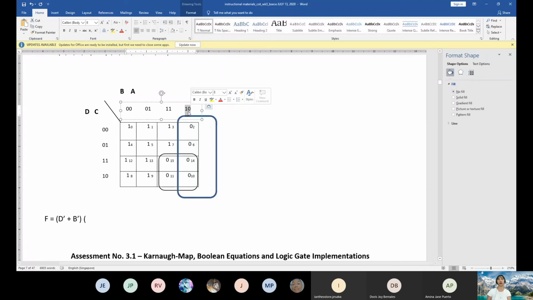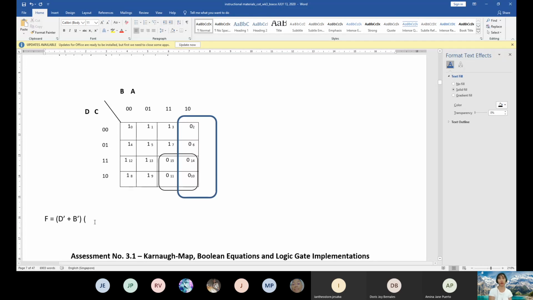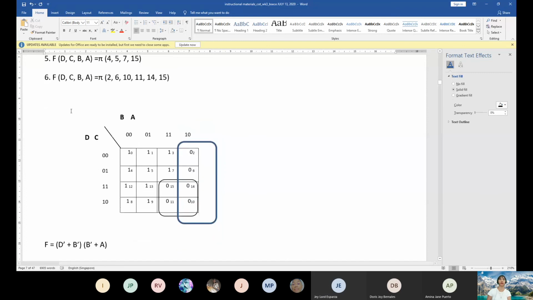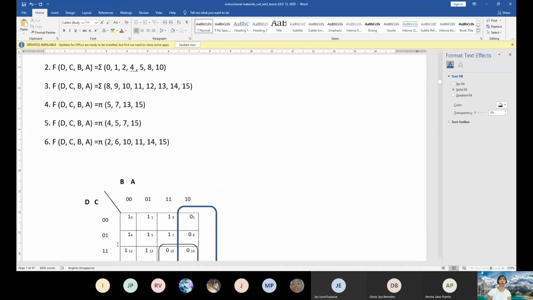We cannot compare B and A, so we will write B is 1, B is B prime plus A. So now the equation for number 6, which is pi 2, 6, 10, 11, 14, 15, is simply equal to D prime plus B prime times B prime plus A.